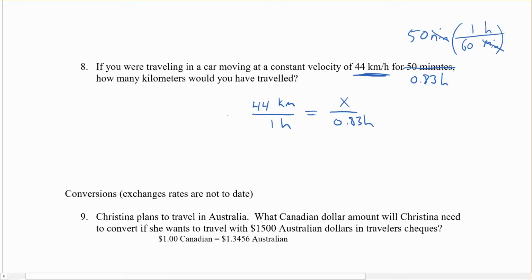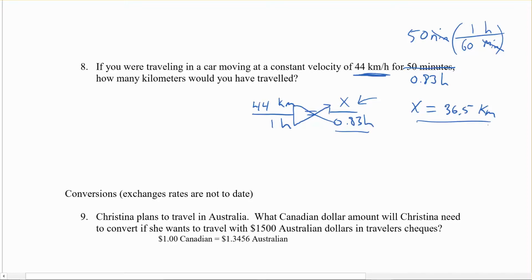So if you're able to go 44 kilometers in 1 hour, how many kilometers will you go in 0.83? Again, we can just cross multiply. So it's going to be this times this divided by this gives you that. If you do that, you end up with x being equal to 36.5.